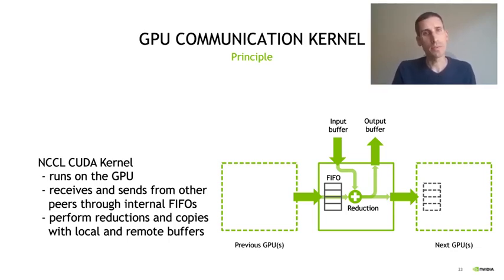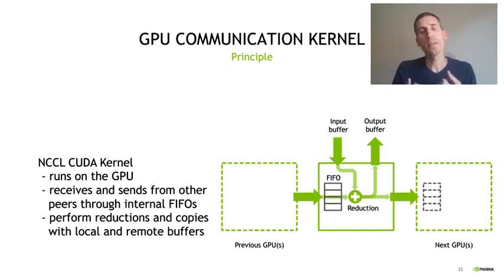And they will have a continuous flow of data running through them. They will receive data from the previous GPUs defined in the rings or tree. They will do the reduction if needed with their local buffer, then write the results to their local buffer as well if needed, and then they will send data to the next GPUs in the tree or ring.